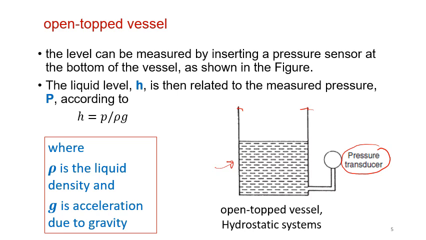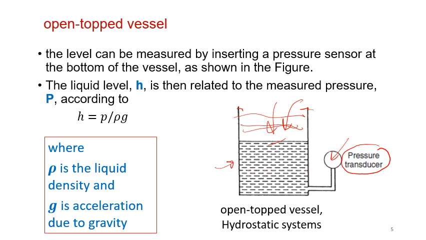How is this happening? Of course, as you increase the level of the liquid here, the pressure at that point will be higher and higher. And this creates a relation between the pressure and the level or the height.